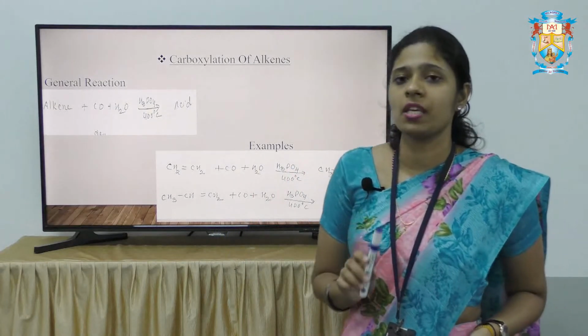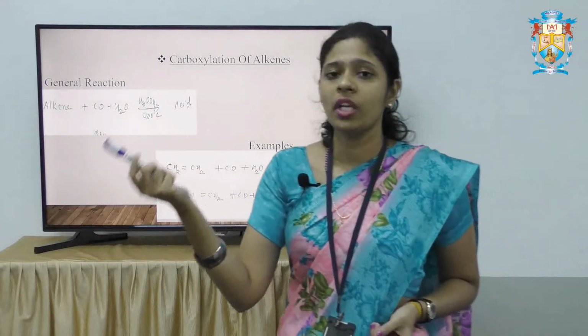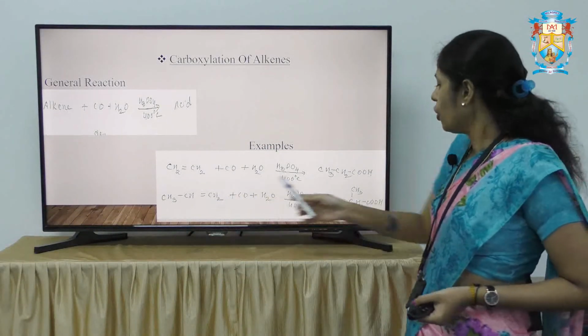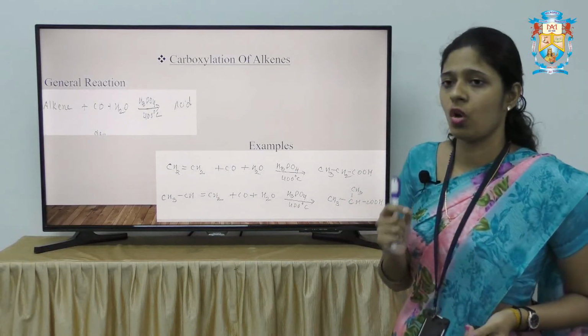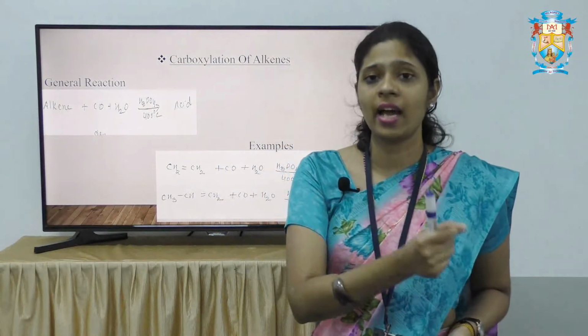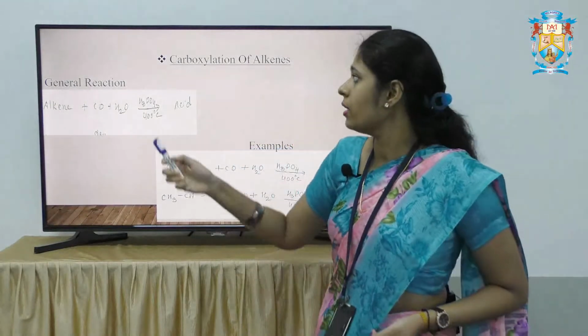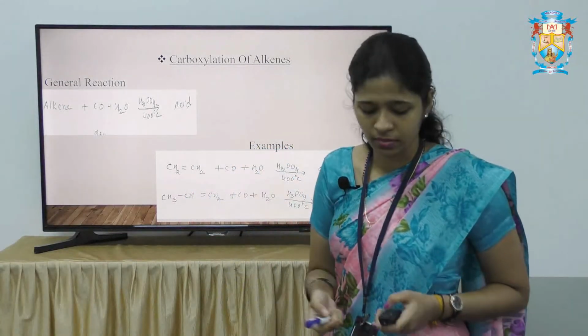So again we see here that the 2 carbon compound is getting converted to a 3 carbon compound, and a 3 carbon compound is getting converted to a 4 carbon compound. So here we see in this reaction also that the extra carbon atom which was not present in the reactant is taken from the carbon monoxide. That is the reaction in which we are using the reagent, that is carbon monoxide.